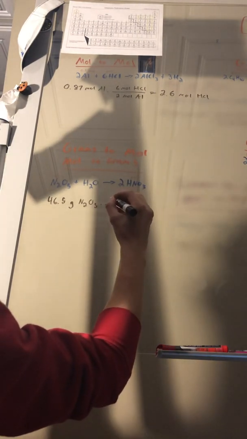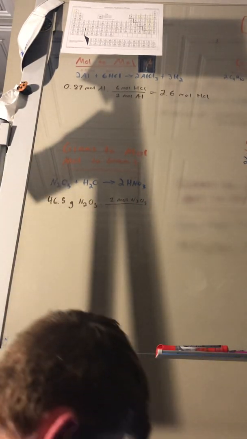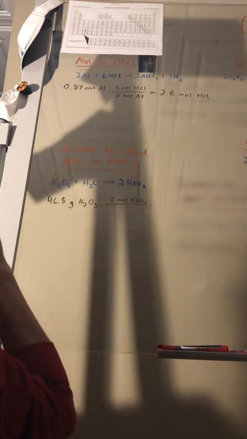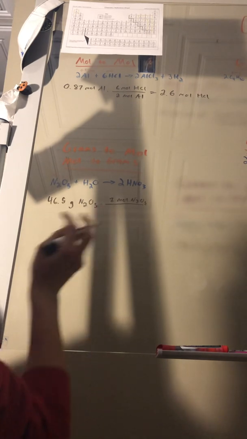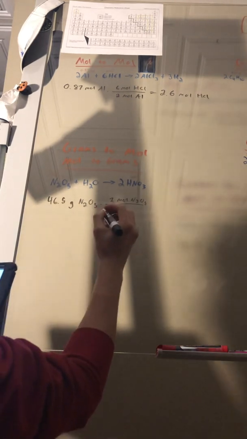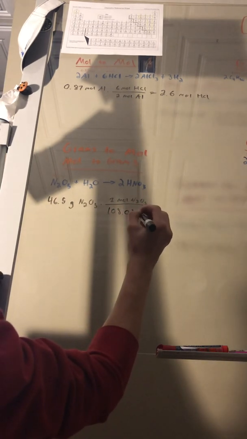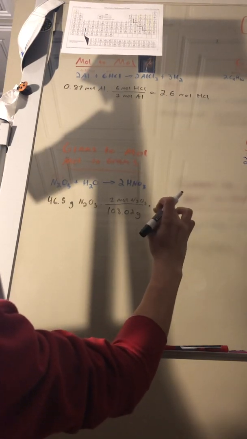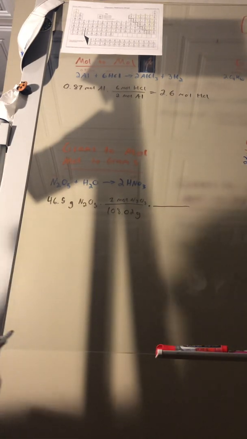Okay, so for every 1 mole of N2O5, you have, now you're just finding the mass of this, so it would be 2 nitrogen plus 5 oxygen, which is going to be 108.02 grams. Now, you're going to do your mole ratio.